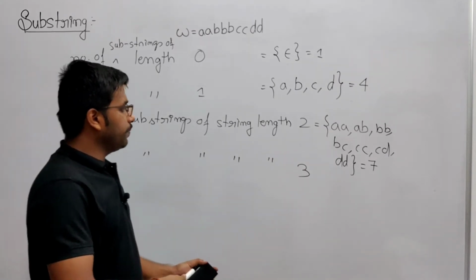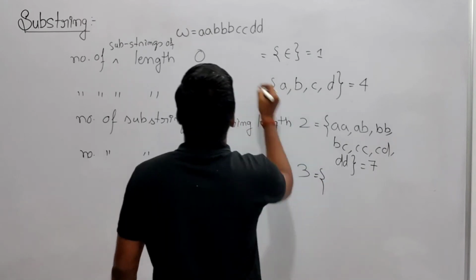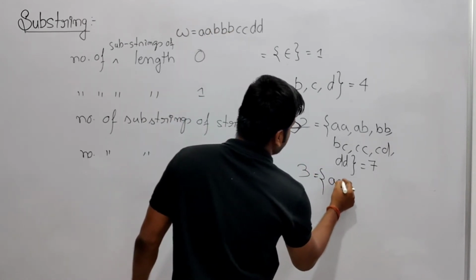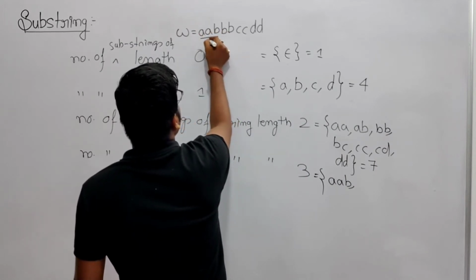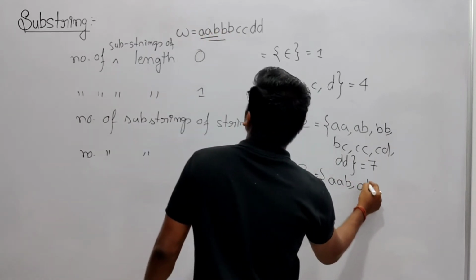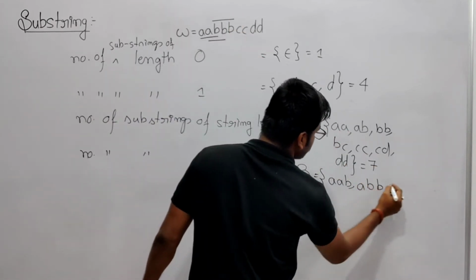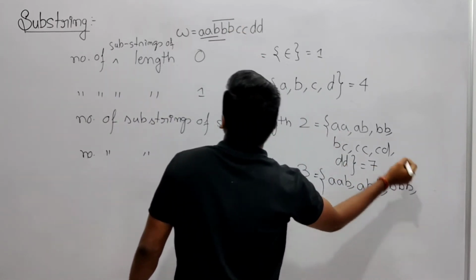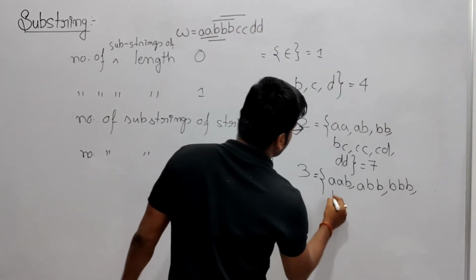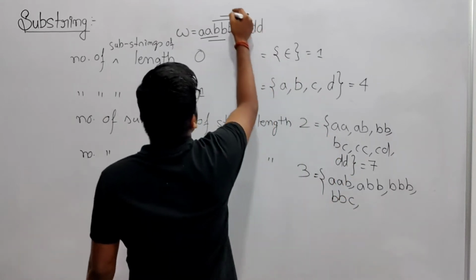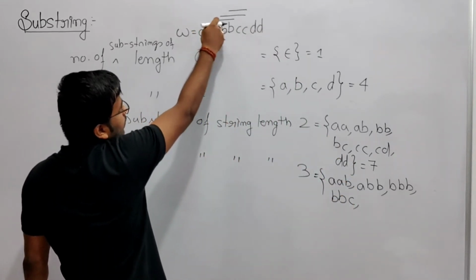So for length 3, the substrings are going to be AAB, then ABB, then triple B, then BBC, then BCC. First I am taking from here, then from here, then from here.